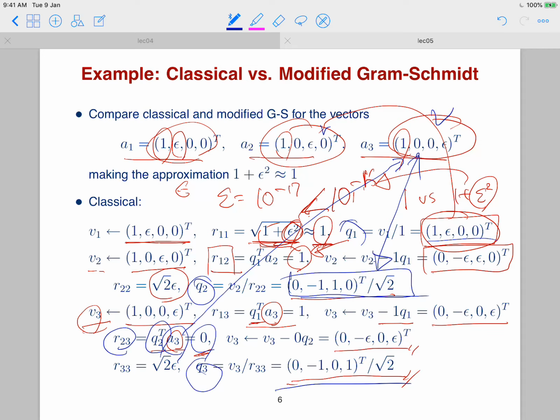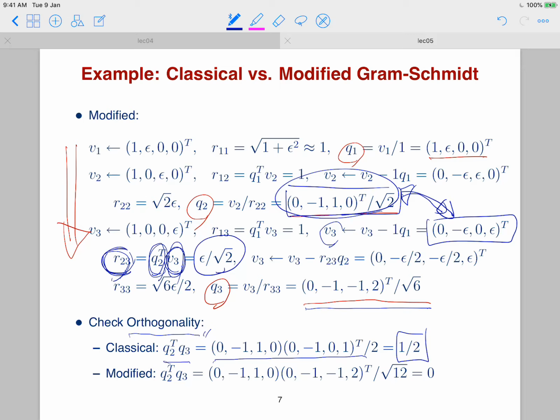So in the case of this modified one, once we compute the remainder first and then apply the process of computing the line segment with the next orthonormal component, it leads to more accurate computations.